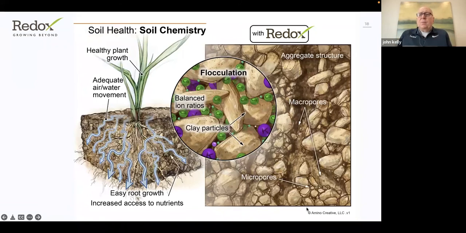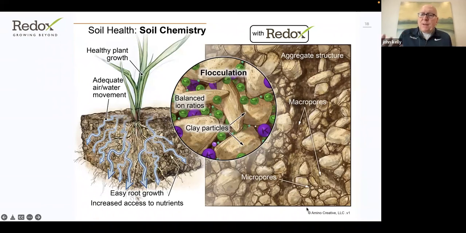The third component of soil health is soil chemistry. Now, soil chemistry, from many different standpoints, is important, but one of the key components is its impact on soil structure. When we refer to structure, we're referring to the relationship of macro and micropore space, where ideal air-water relationships occur.